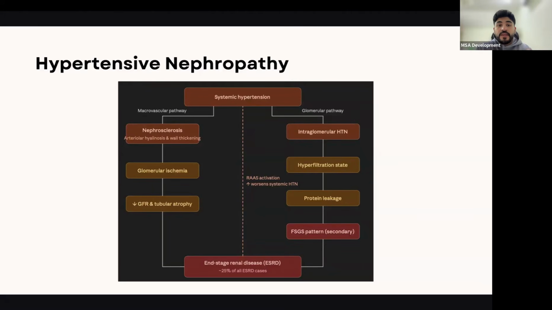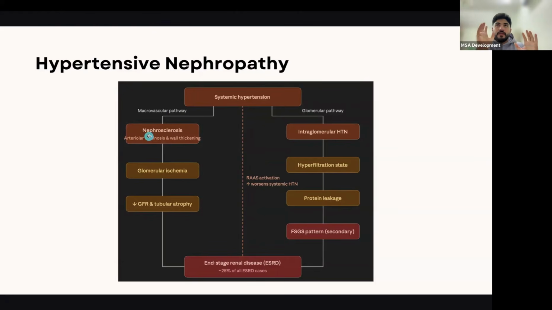The other pathway is that because of the hypertension, their arterioles are going to undergo hyalinosis and wall thickening just to resist the pressure. This is what we call nephrosclerosis.